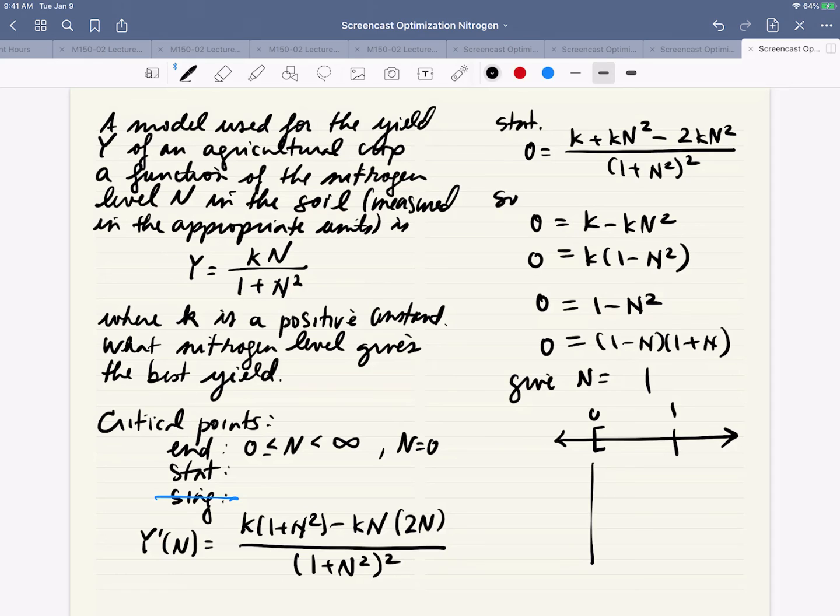Let's look at the derivative. Well, the formula for our derivative here is on the right-hand side of this equation, and the numerator is simplified to this. Our denominator is always positive, so the only thing that affects the sign is 1 minus n squared, and we factored that here. So let's put those factors on the vertical, and then we'll put y prime of n here.